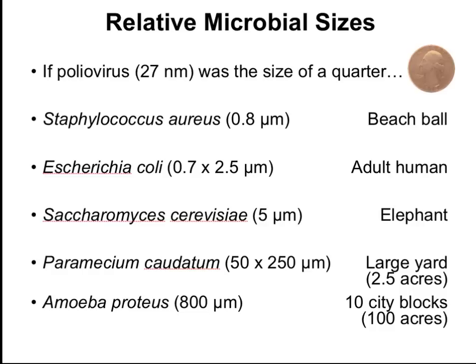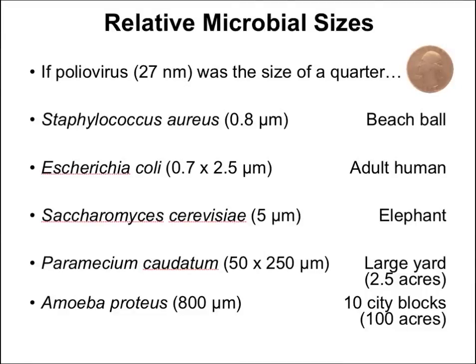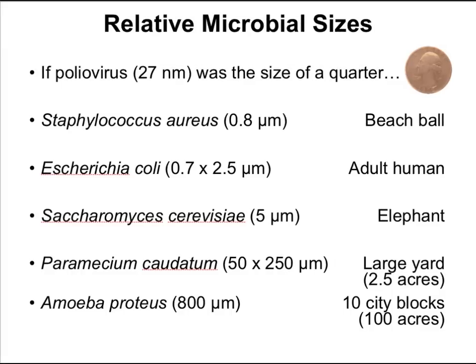Then we move up: the size of an elephant, Saccharomyces cerevisiae, at 5 microns. Paramecium caudatum, which you may have seen in general biology running around under your microscope, would be the size of a large yard. And then amoebas could be as large as the area of 10 city blocks.